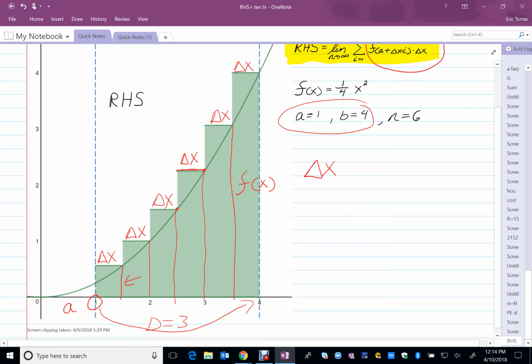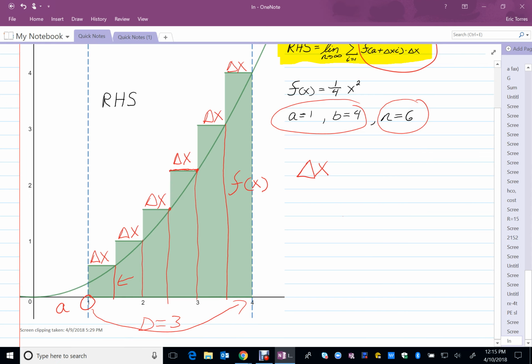And how did I get that? I took 4 minus 1. But that's not how big each rectangle is, because I have a total distance of 3 units on the x-axis, and I'm going to divide that by the number of rectangles. So each rectangle is going to equal 1/2.